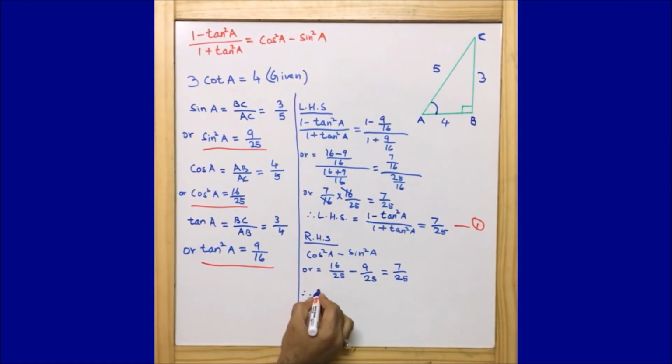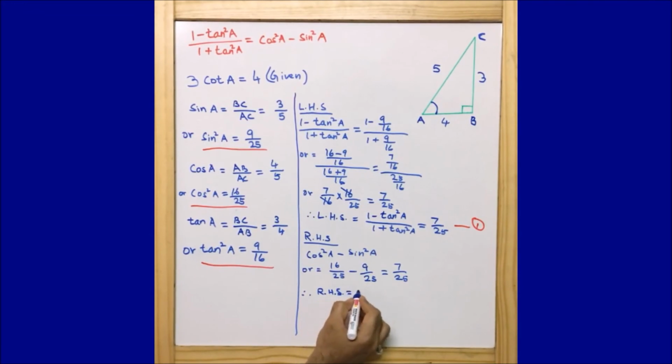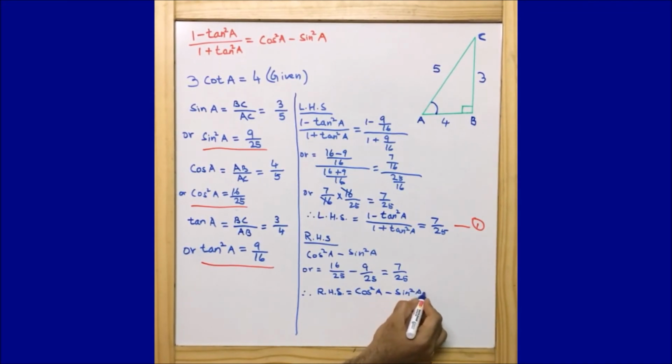Therefore we got right hand side, cos square A minus sin square A, is equal to 7 by 25. Let us put it as equation 2.